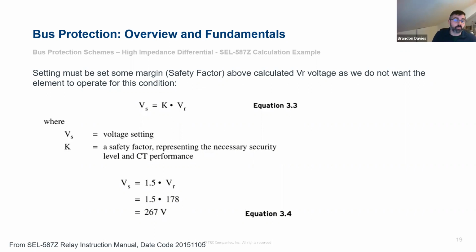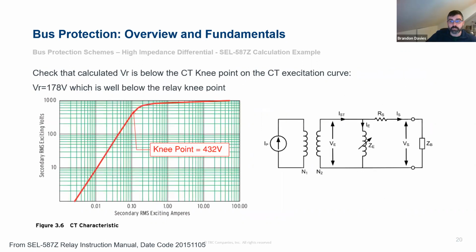But if you're in a scenario where you're looking at this and you've got some low rated CTs and really high fault current, so that calculated value, the VR value, is getting really close to the knee point voltage, at that point you might make a decision that, all right, maybe 1.2 or 1.25 is enough of a margin that I can be comfortable that this is not going to operate for that external fault, and kind of lower that set point, because you're running out of room for performance with the CTs for operating for an internal fault.